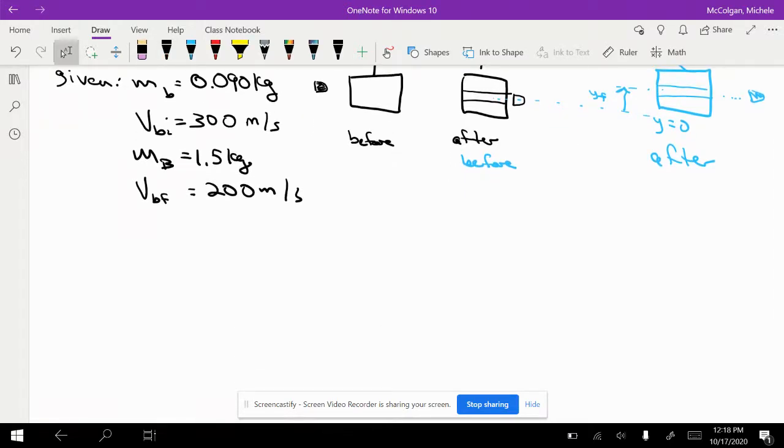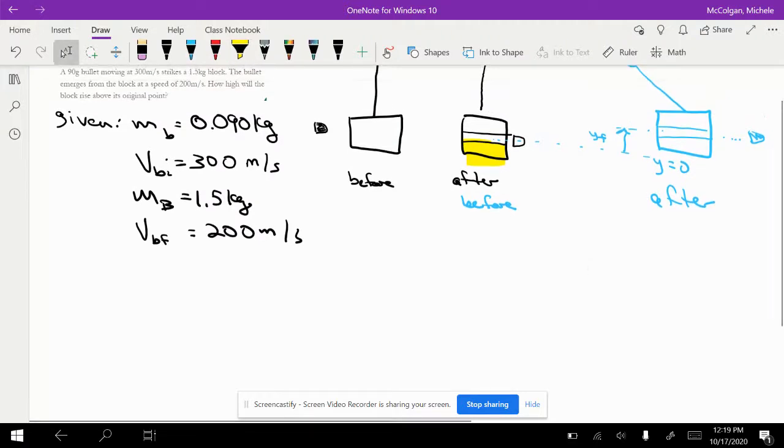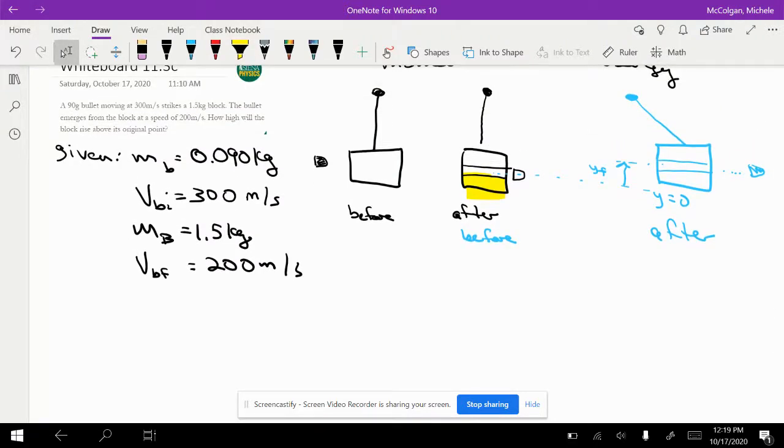Okay, so the first thing we need to do is figure out the speed of the block. So what's happening is the bullet hits, the bullet goes through, the bullet comes out the other end. So the block is going to be moving to the right, and so is the bullet. The motion of the block is limited by the tension in the rope.